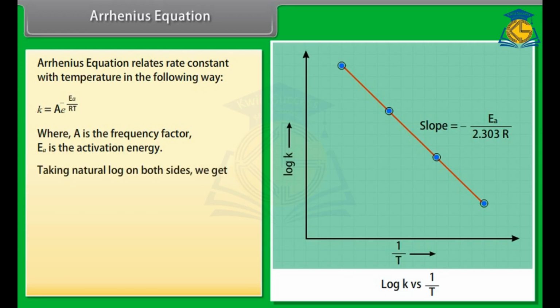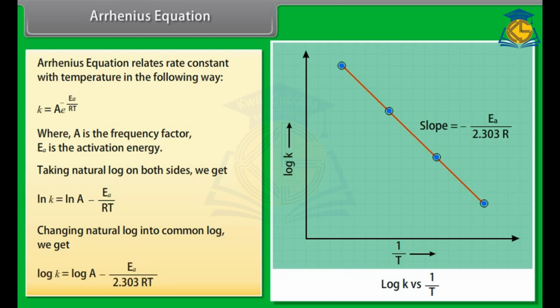Taking natural log on both sides, we get ln k is equal to ln A minus Ea upon RT. Changing natural log into common log, we get log k is equal to log A minus Ea upon 2.303 RT.